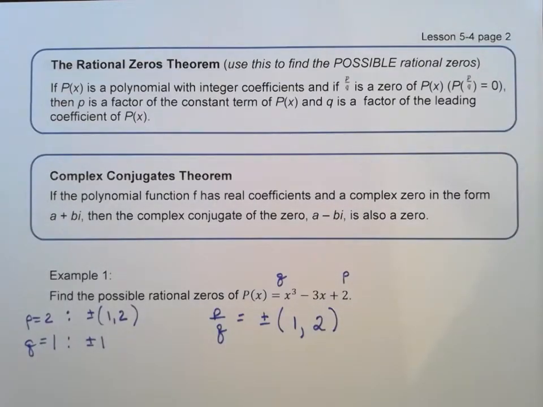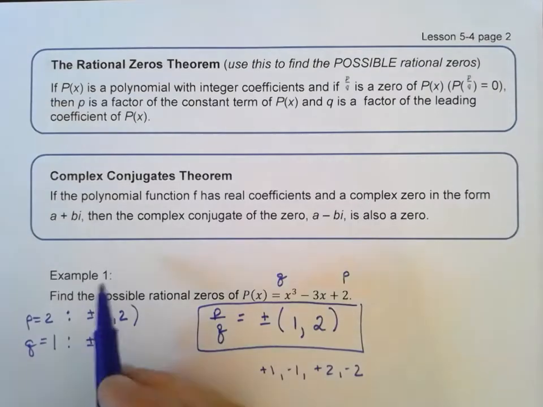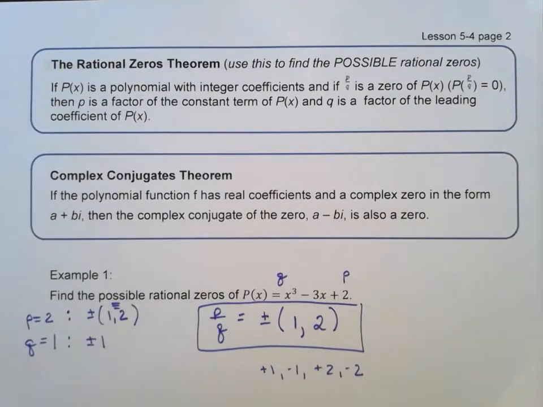That's your list of p's and q's. Those are all the possible rational zeros. In other words, out of all the numbers in the whole universe, the only possible rational zeros are a positive 1, a -1, a positive 2, or a -2. And that's it. Okay? That's what it means to list the possible rational zeros.